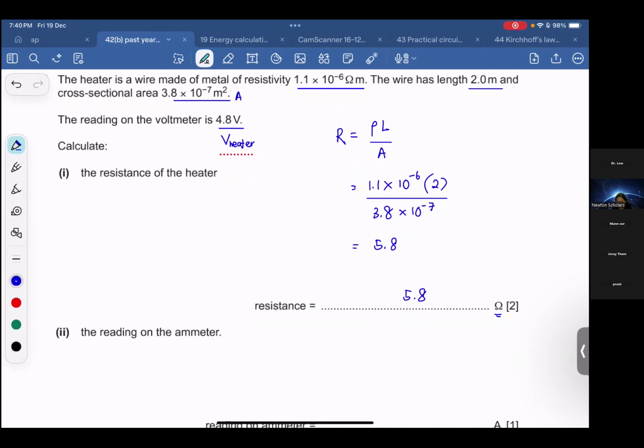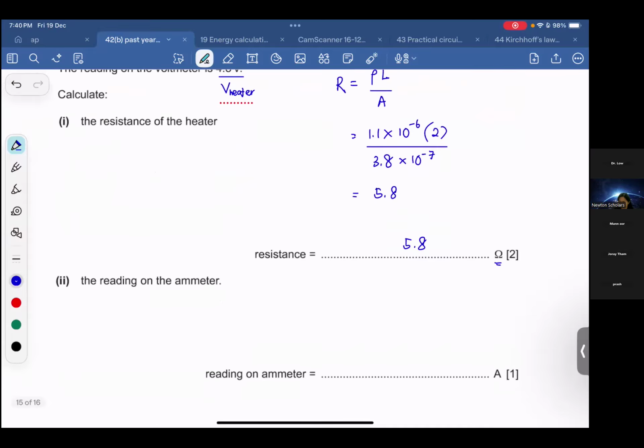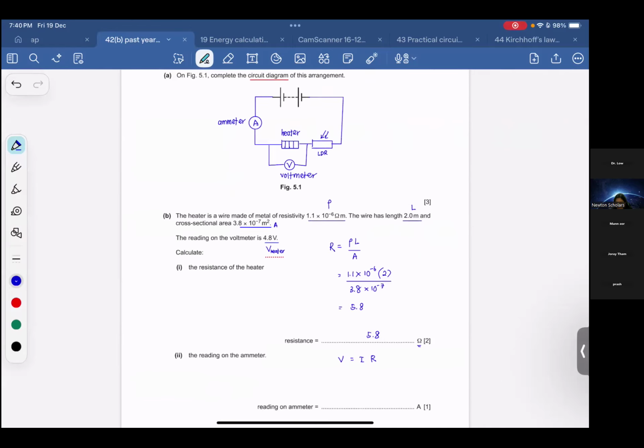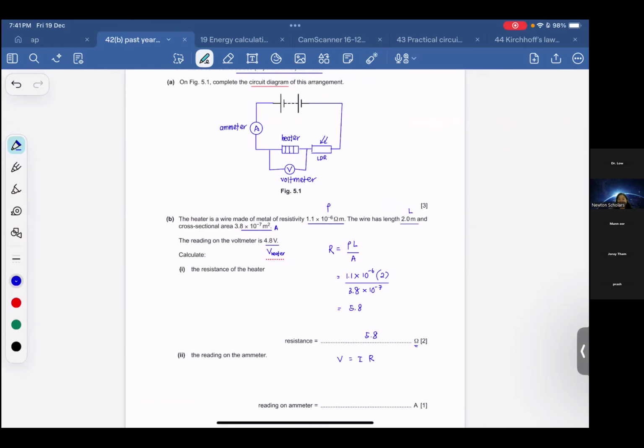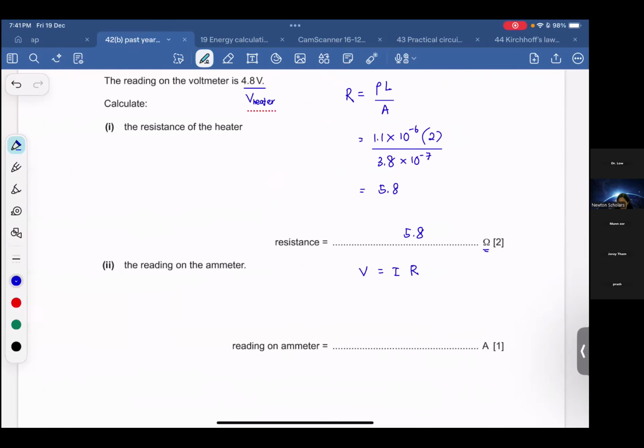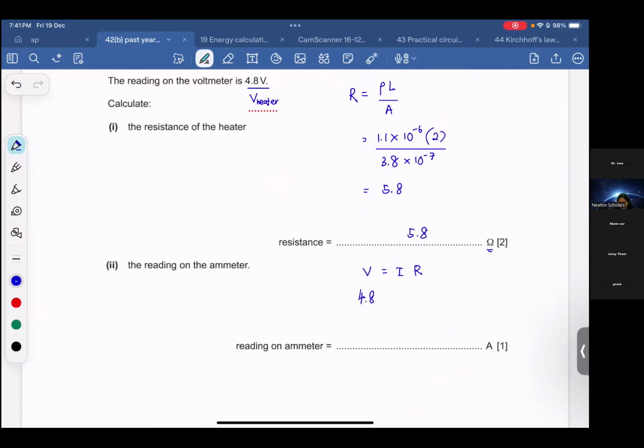So do your calculation and tell me what is your reading for your ammeter. Washini correct, yes. Fawa correct, yes. Okay, so V equals IR. Okay, what we know about the voltage for the heater. So we can use this information to do the calculation. So for the heater, 4.8 is the voltage for the heater.